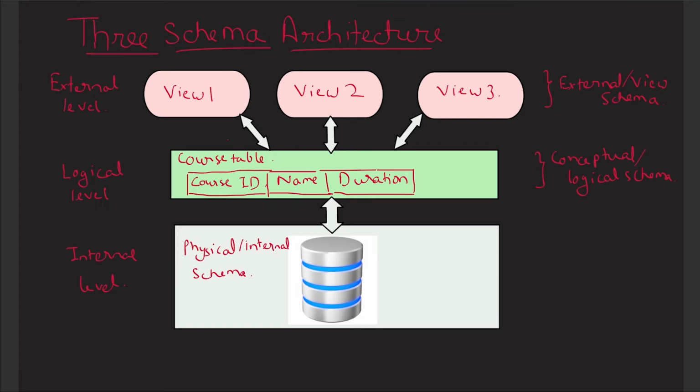Now comes the question, why do we need the three schema architecture? The main objective of this architecture is to enable users to access the data from the database with a personalized view while storing the underlying data in the database.